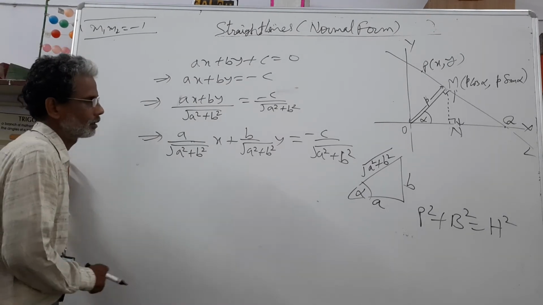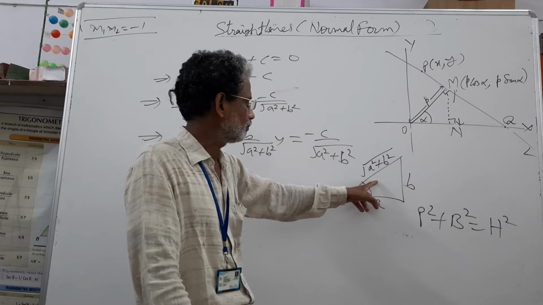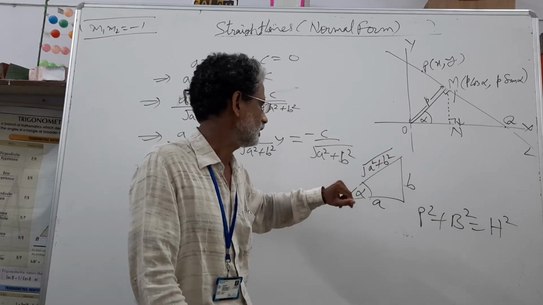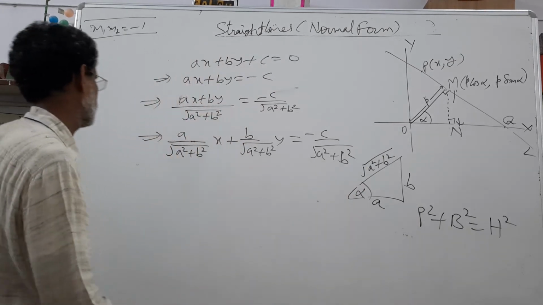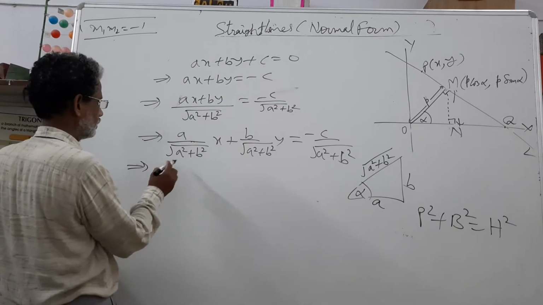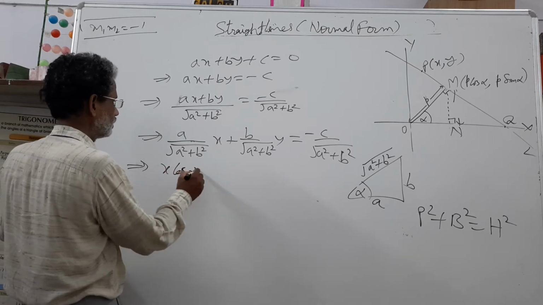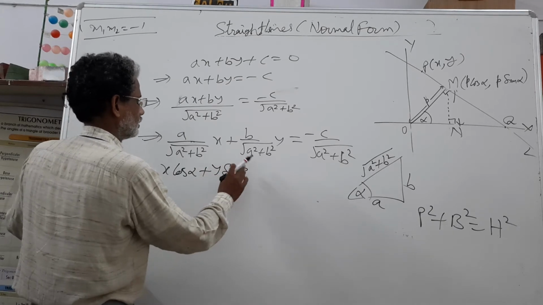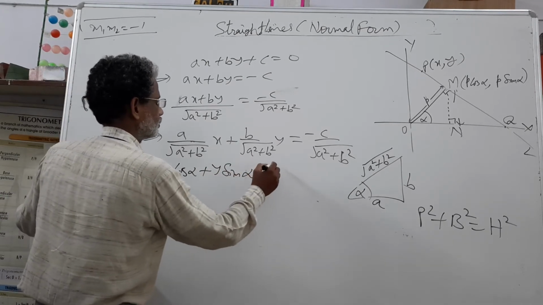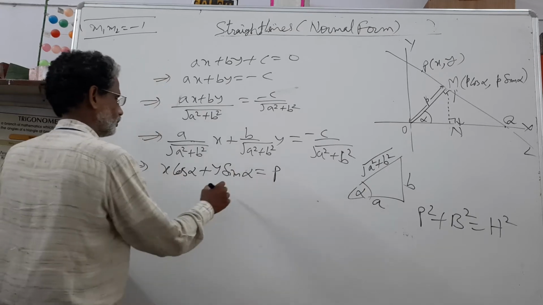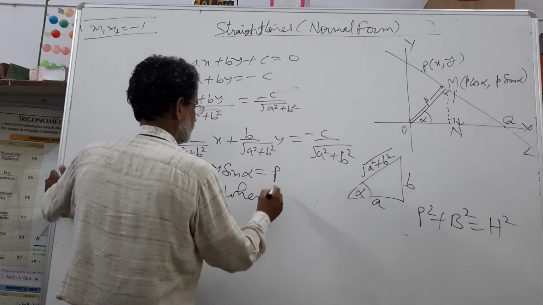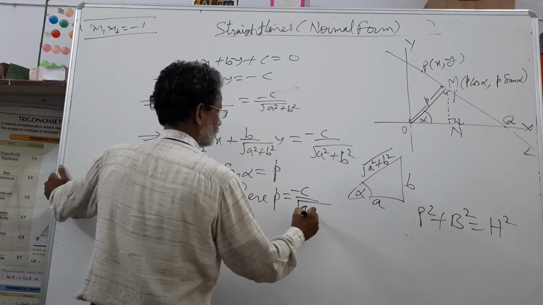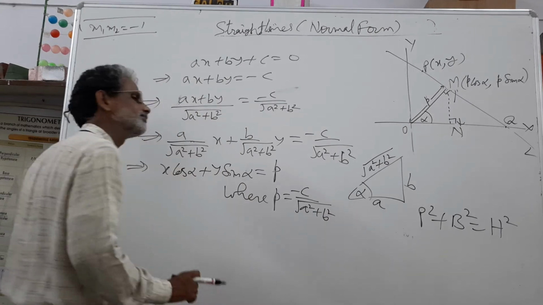Now, from here we can see that A upon under root A square plus B square is the value of cos alpha. So therefore this becomes x cos alpha plus y sin alpha is equal to P, where P is minus C upon under root A square plus B square.